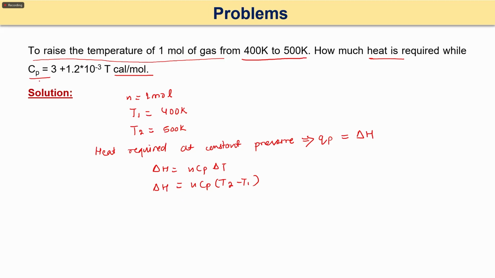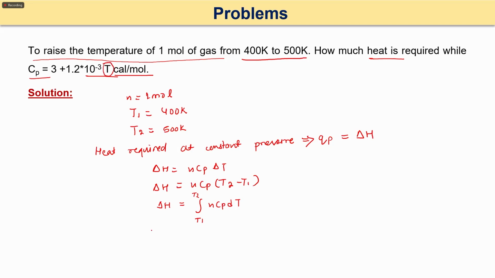But here your Cp also depends on T. So the calculation will be a little different. And so we will write delta H here as the integration from T1 to T2 of n Cp dT. Okay? Because here your Cp is also depending on temperature.